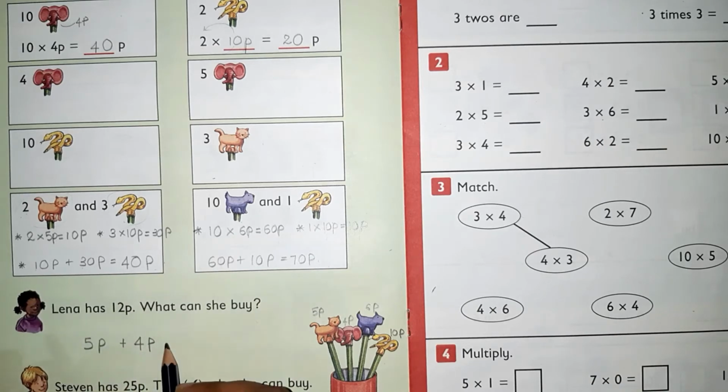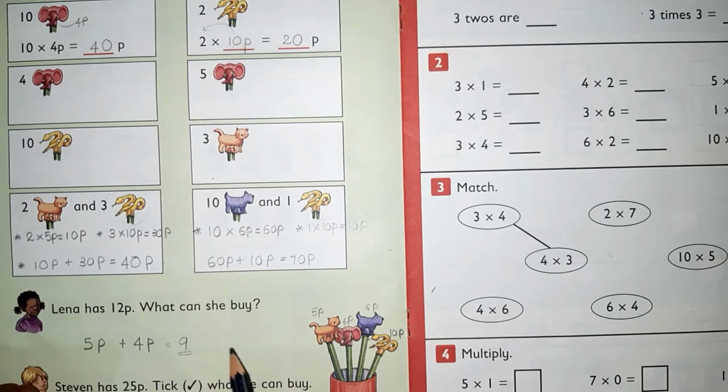It's 9. Now I have bought 2 pencils already, and I need to pay 9 pence to the shop. I have 12 pence in my hand, and after paying this 9 pence, how much will be there?